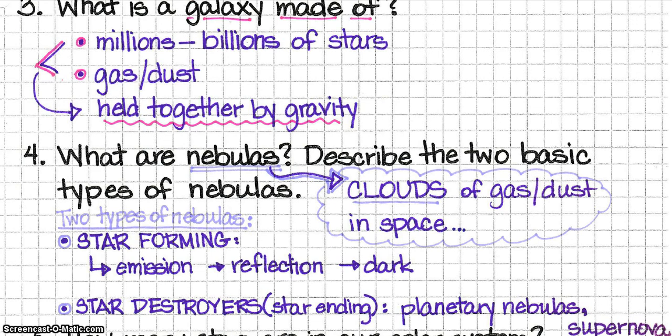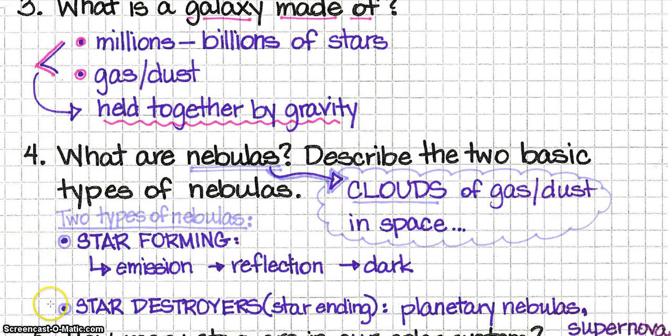That blue fuzziness is a reflection nebula, actually forming the stars that are also in the picture. And they gave you the Horsehead Nebula as an example of a dark nebula. And dark nebula just means that it's silhouetted, okay? It's lit from behind. So it looks more like a shadow. Those are your types of star-forming nebulas.